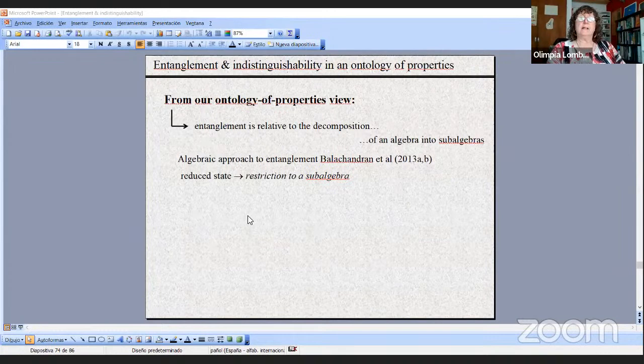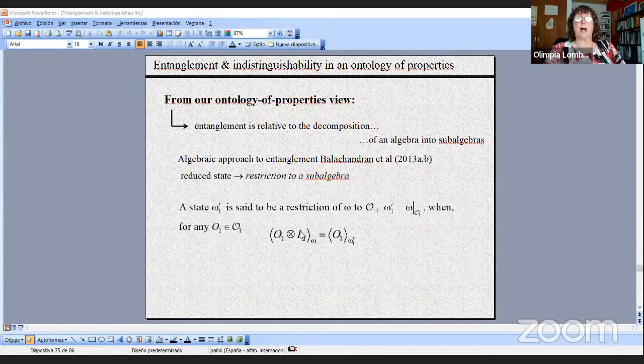And the idea is that instead of talking about reduced state, which needs a Hilbert space structure to be defined, they replace the idea of reduced state by the idea of restriction to a subalgebra.